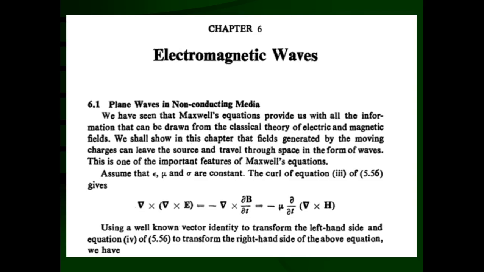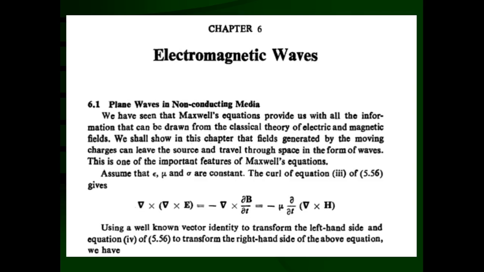That means in some region of space, if charges are continuously and non-uniformly distributed in that volume, and the charges are moving, they will constitute currents also. That current is going to be a time varying current, so it will produce a time varying magnetic field, and the moving charge also gives a time varying electric field.